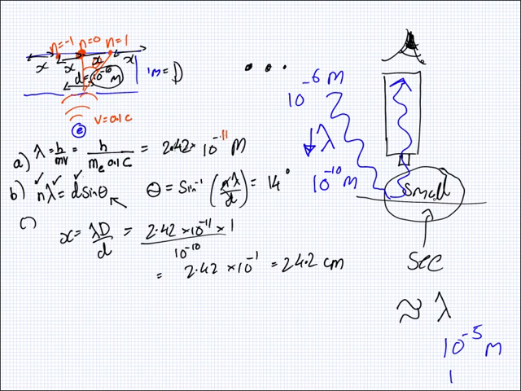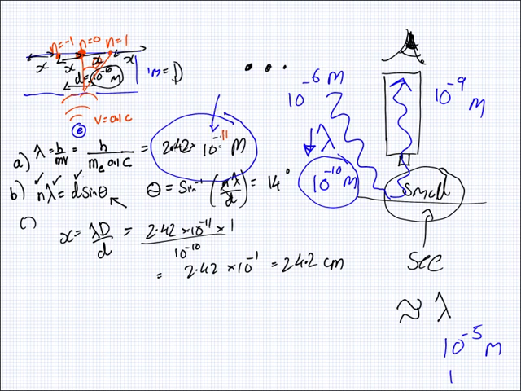If you want to see something smaller, then you use a smaller wavelength. So if you use 10 to the minus 10 meters, then maybe you could see something like 10 to the minus 9 meters. If you want to see really small things, then you need to use a really small wavelength. So you could use electrons.